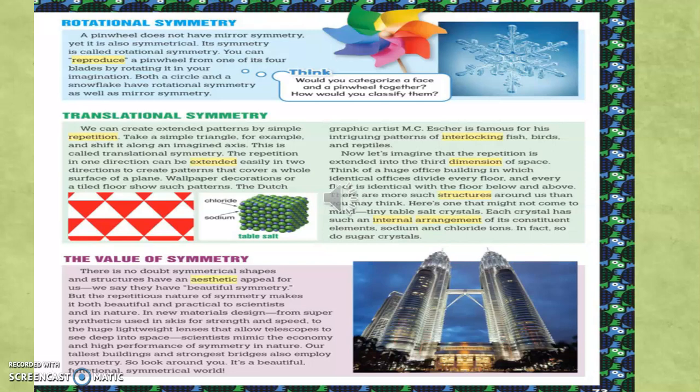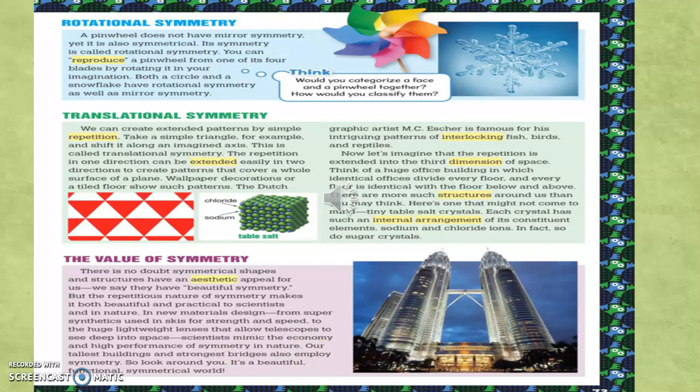In new materials design, from super synthetics used in skis for strength and speed, to the huge lightweight lenses that allow telescopes to see deep into space, scientists mimic the economy and high performance of symmetry in nature. Our tallest buildings and strongest bridges also employ symmetry. So look around you. It's a beautiful, functional, symmetrical world.